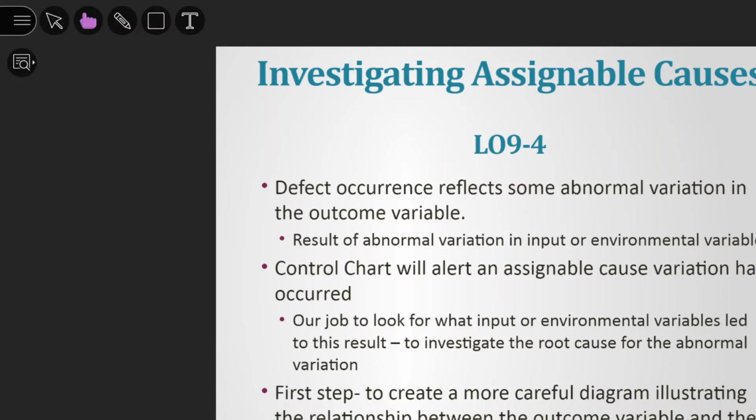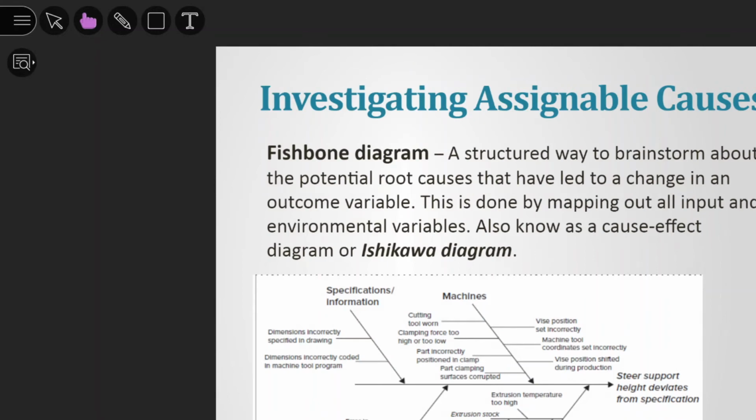And one of the tools that you use in this analysis to figure out the root cause of the problem is called the Fishbone diagram. It was invented by Ishikawa, a Japanese scientist who was an operations maven.